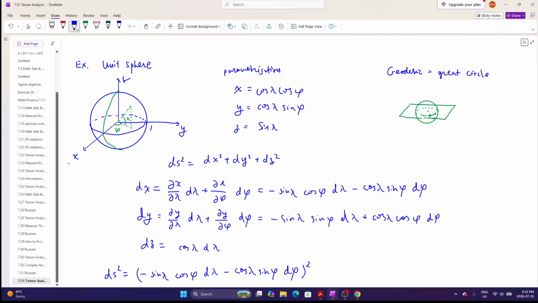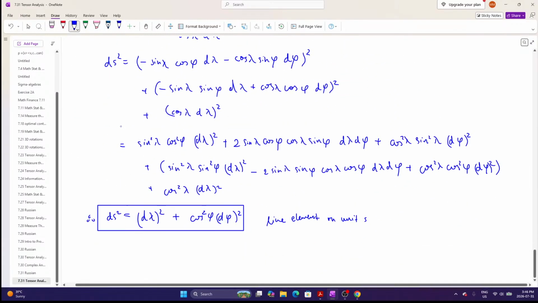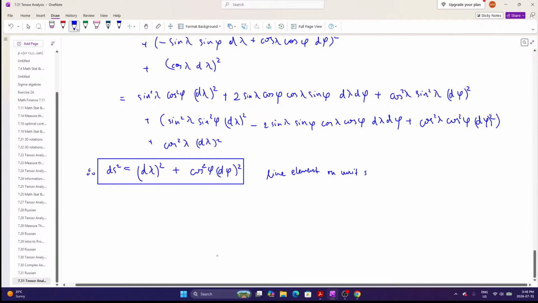Imagine X, Y, Z are 3 distant stars, and you create this coordinate system and see, oh, this point on the sphere of the Earth has coordinates x, y, z. But that's not what we really care about. We care about the geometry from the perspective of an inhabitant of Earth. So on Earth, you need 2 coordinates, lambda and phi, and what we just derived is the line element on the unit sphere. So does this make sense?